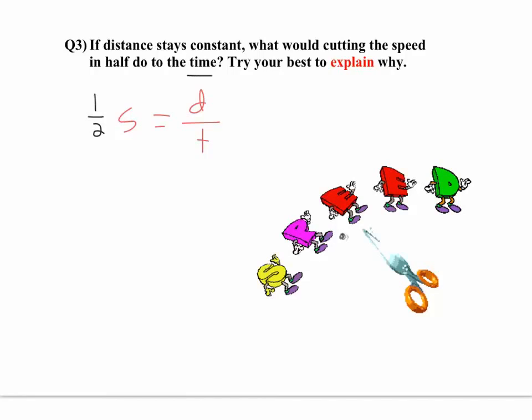And if the distance is staying constant and not changing, then that means the only thing that can change is the time. So what do I have to do to the time to make it half as big as a fraction? Because time's in the denominator, it needs to be twice as big, so that way we still get a half on each side. Now, if you don't like thinking about it that way, you could also think about it in terms of distance on a trip.